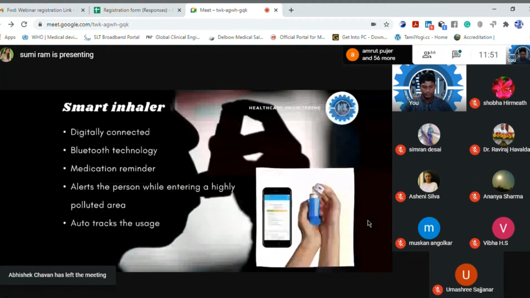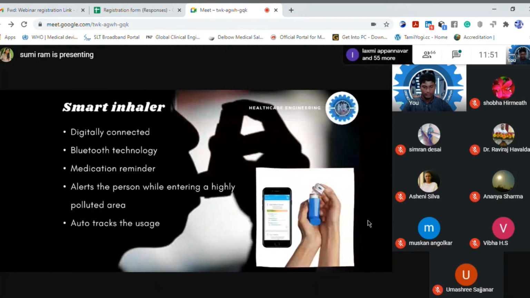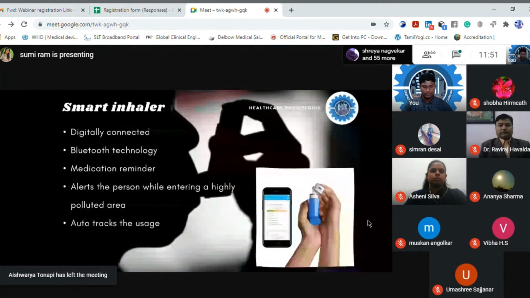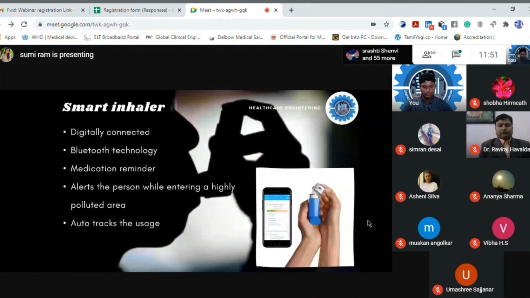This device also alerts the patient with the help of the smartphone, like when a patient enters a highly polluted area, this helps them to decide whether to avoid the environment or not. The smart inhaler also tracks how often the inhaler has been used in order to reduce the medical error caused by the product.